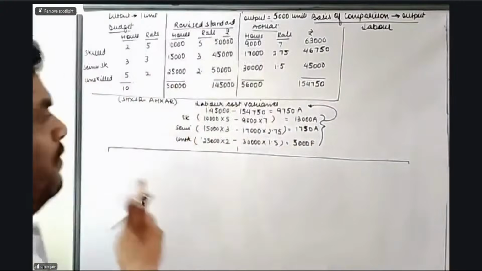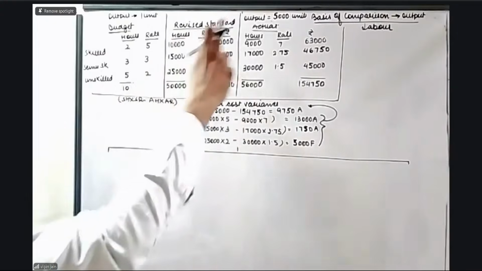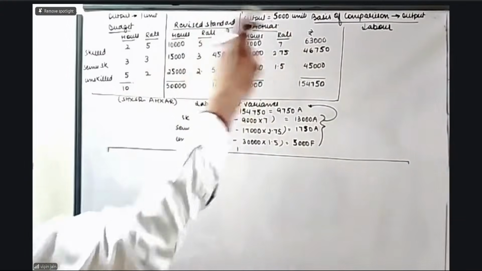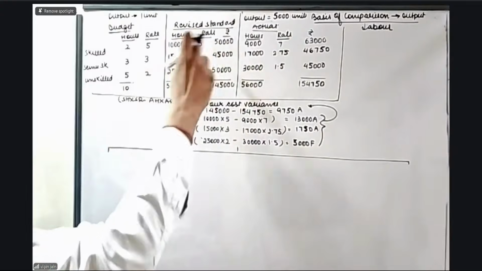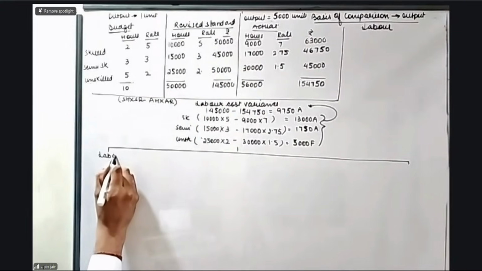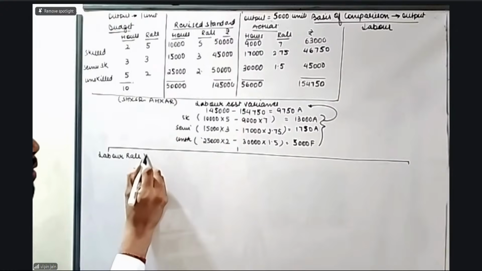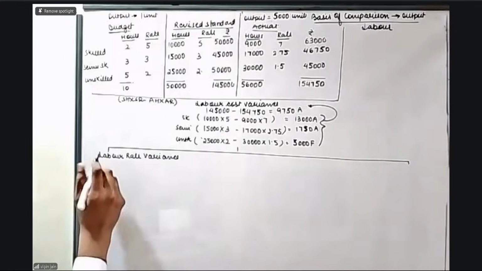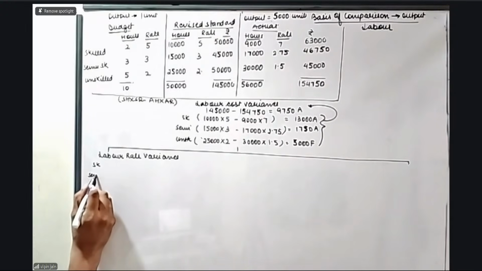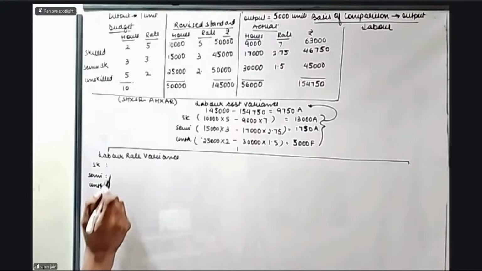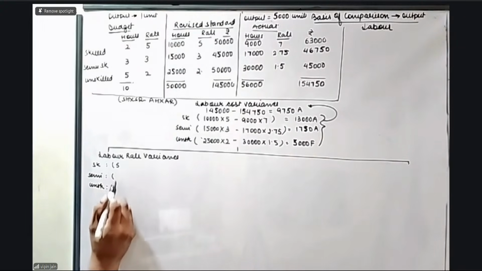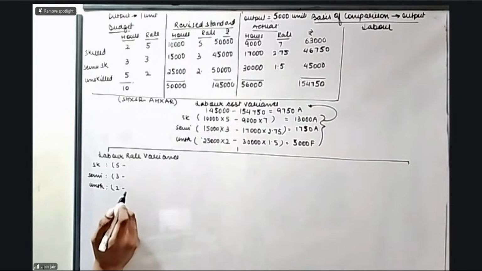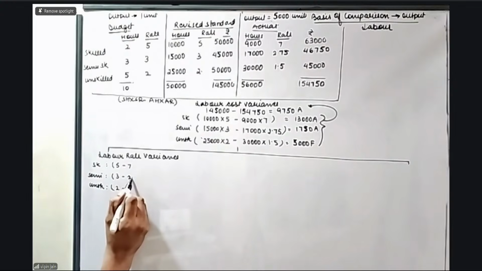Now herein, what we used to calculate as material price variance, we used to compare the price. So in labor, it will not be price, it will be labor rate variance. Instead of price, it will be labor rate. So first it will be 5, 3 and 2 minus the actual rate, which is 7, 2.75.